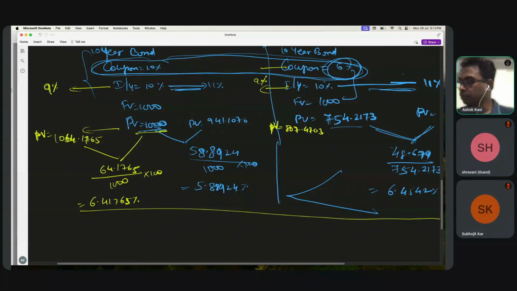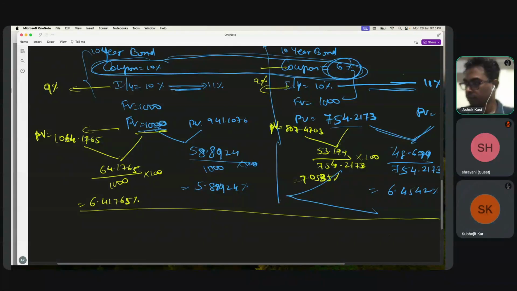Whereas here, how much is the difference? 53.199. Based on 754, which is the old number, so we'll keep that as the base. So it is 7.0535.